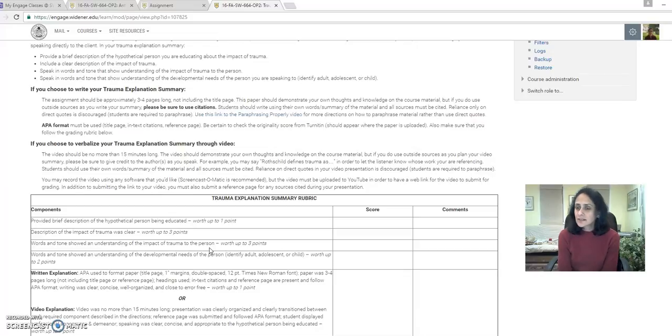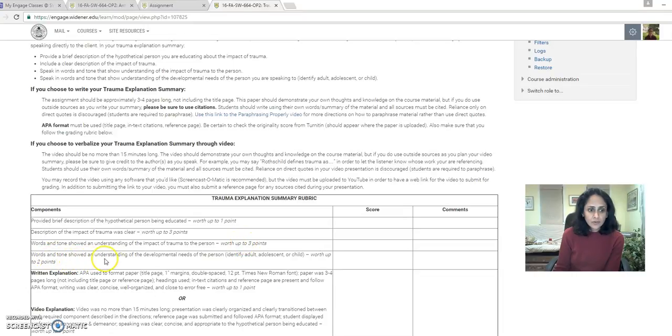And so you don't say that directly to the client. Oh, I understand because this happened to you, you did this. But you could start hinting at things like, I know it must be difficult for you to trust people, or something like that. So you have to acknowledge what the impact of trauma was, and that's up to 3 points.